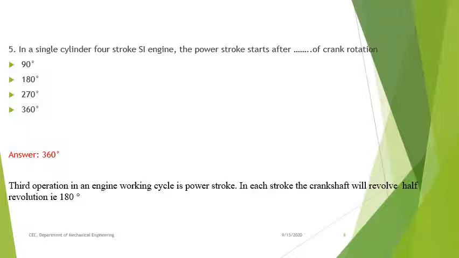The power stroke takes place in the third stroke of the piston. In each stroke, the crankshaft revolves half a revolution, that means it revolves 180 degree. For that reason, the power stroke takes place in the third stroke, after 360 degree.